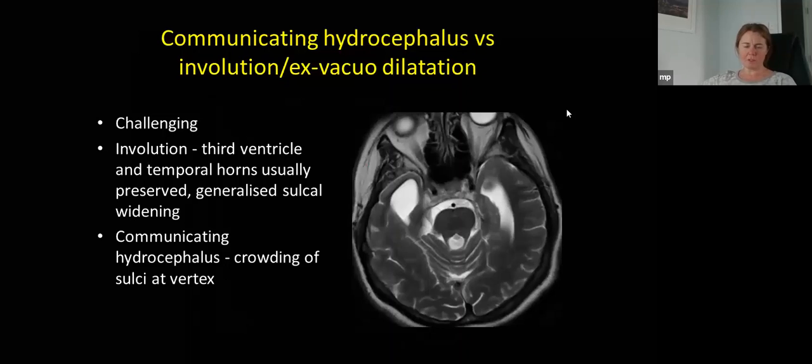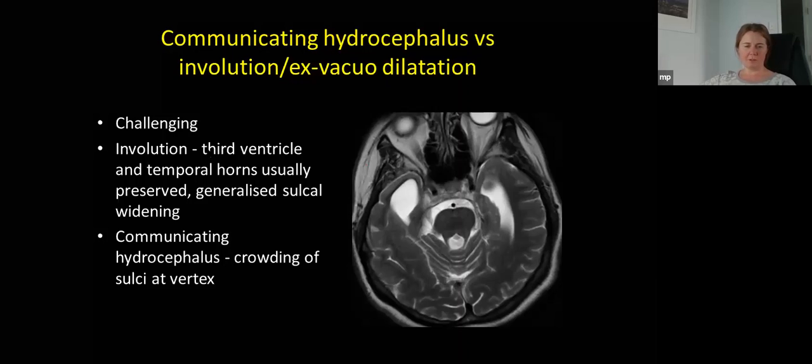Now, we've already touched on the question, is it atrophy or is it actually communicating hydrocephalus? Well, I've already said it can be quite challenging. If you have somebody who's 80 who has got generalised involution, the key areas to look at are the third ventricle and the temporal horns. So even if you're 80, you have massive lateral ventricles, the temporal horns and the third ventricle may be normal.